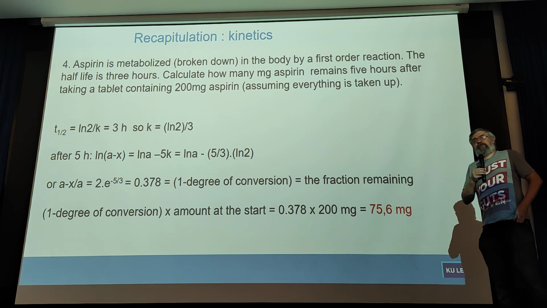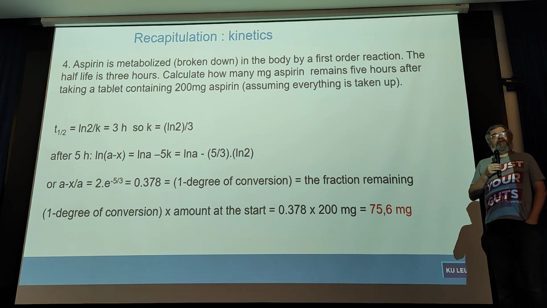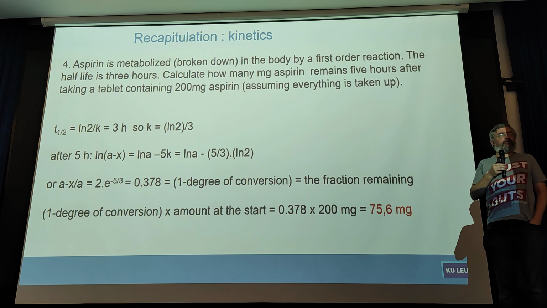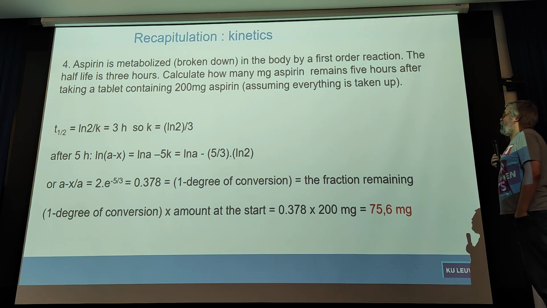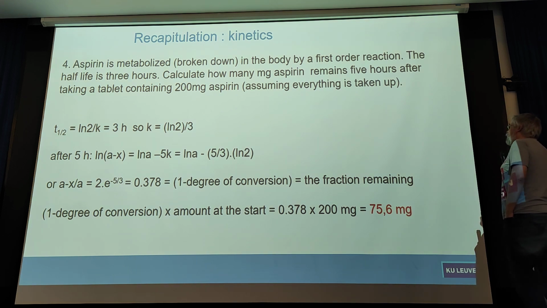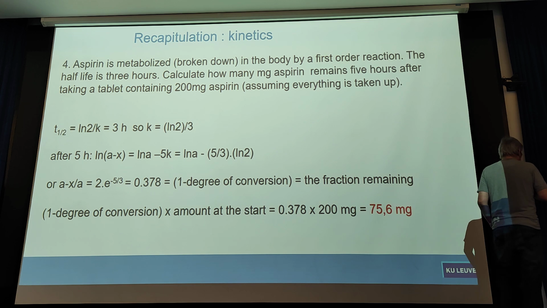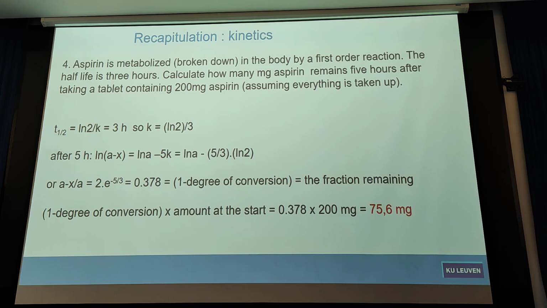This is a question about aspirin that is metabolized in the body, and this behaves like it is a first order reaction. So based on the concentration of aspirin, the half-life is 3 hours, and we know that for first order reactions the half-life is constant.